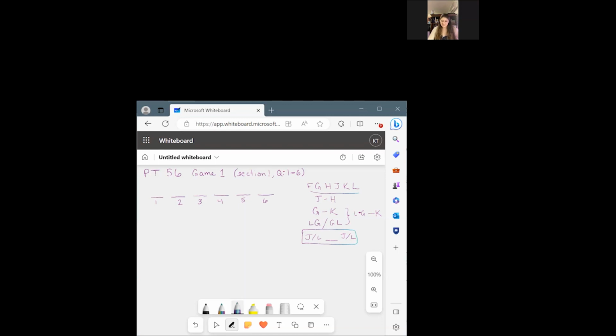What else do we see here? I also see a deduction between the first rule and the fourth rule, and I did JHL or LJH. So I did JHL and then LJH. Okay, so that's less of a deduction because H doesn't have to go in any of those spots.